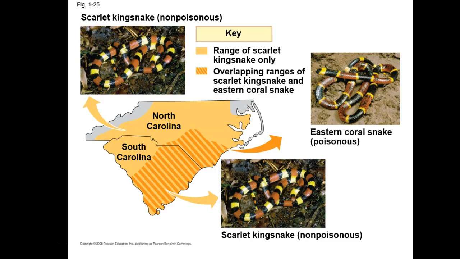Another experiment that was done that might help clarify this is, you have this scarlet king snake, which is non-poisonous, that actually mimics a poisonous snake, the coral snake. What they did was look to see if that scarlet king snake was actually purposefully mimicking the poisonous snake to make sure that it propagates its own species, so to make its survival a little bit more secure.